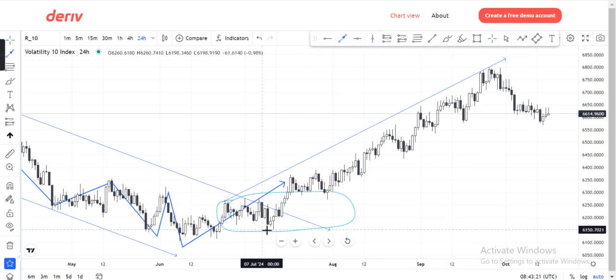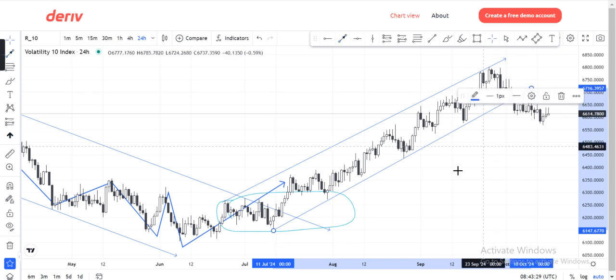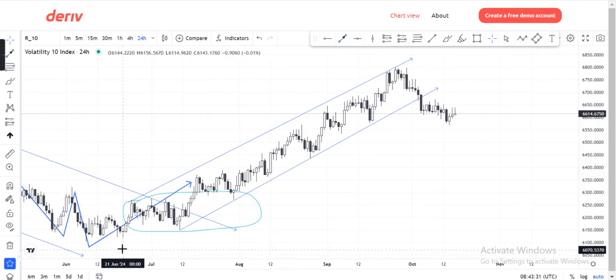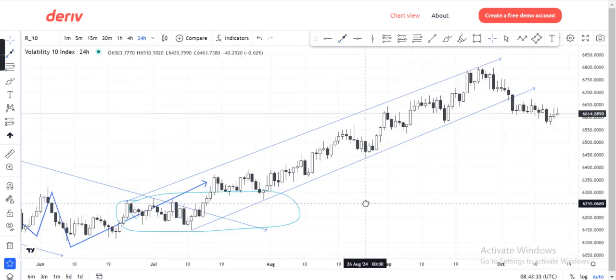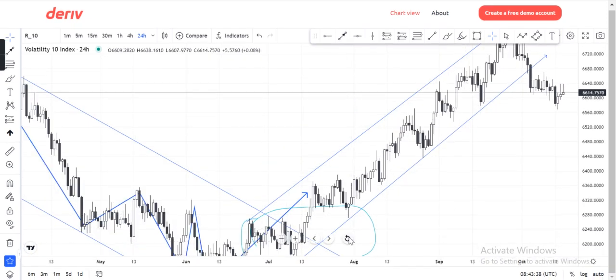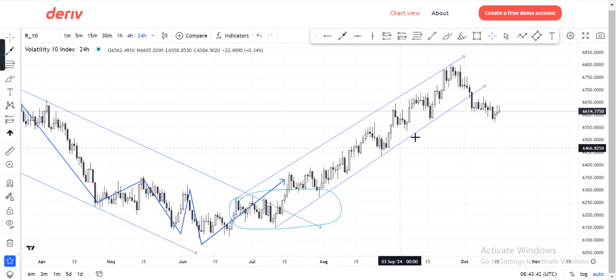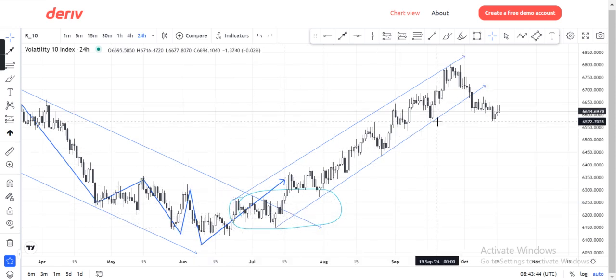Having seen the market give us a change to an uptrend, one thing we clearly saw again was this reaction. This reaction was the market creating an uptrend, a trend to the upside.